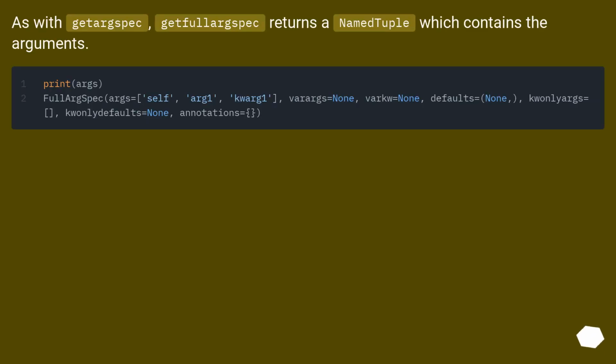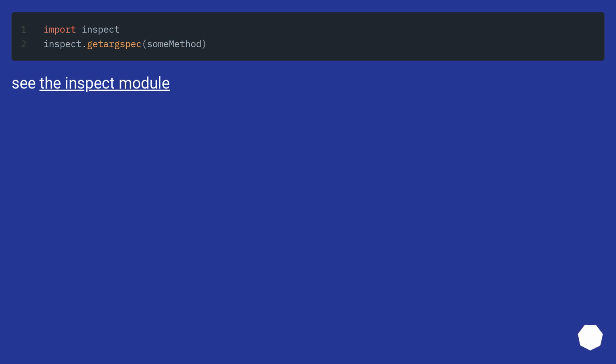As with getargspec, getfullargspec returns a named tuple which contains the arguments. See the inspect module.